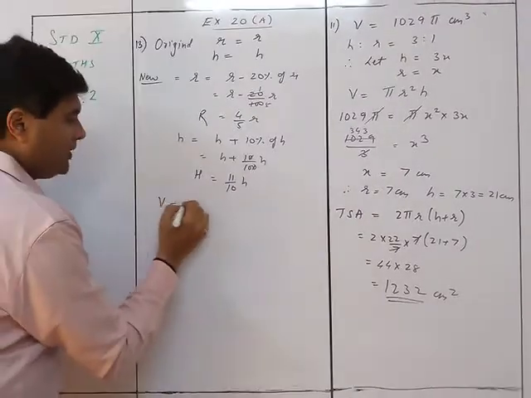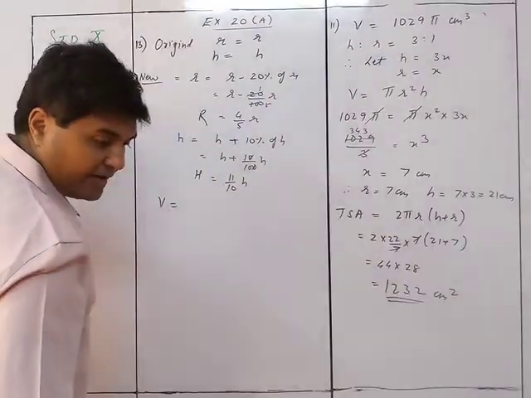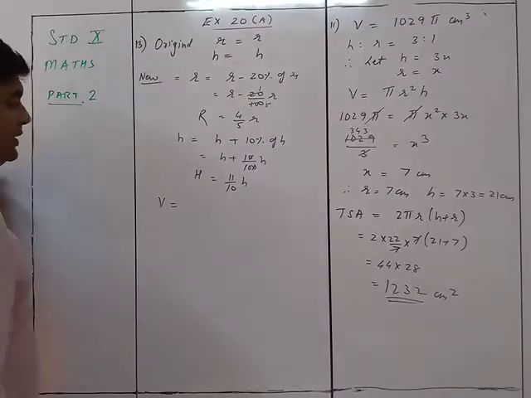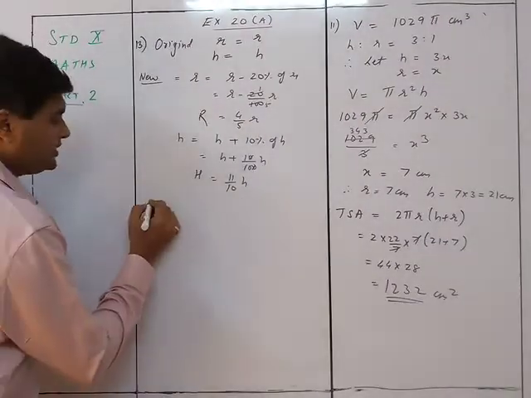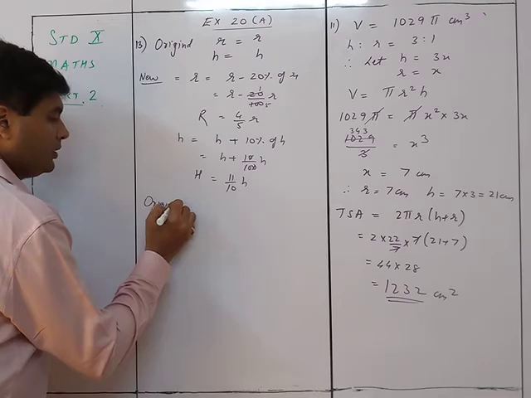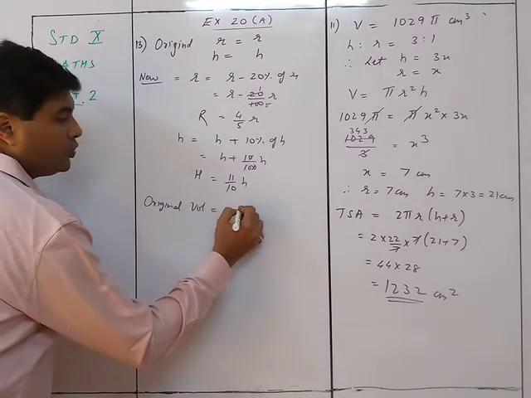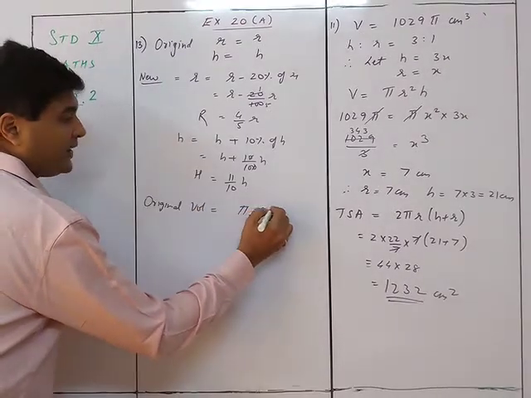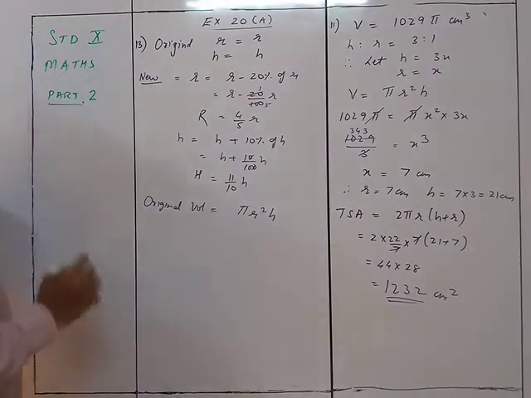So I need to find out the percentage of change in volume. First, my initial volume, the original volume, is equal to pi r square h. Okay. Whereas what is the new value?